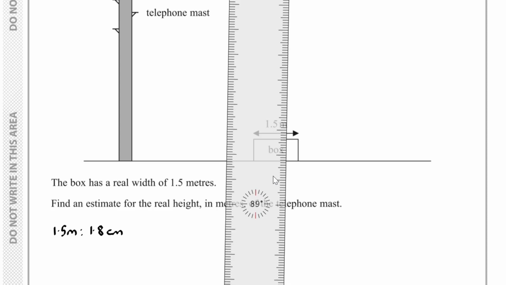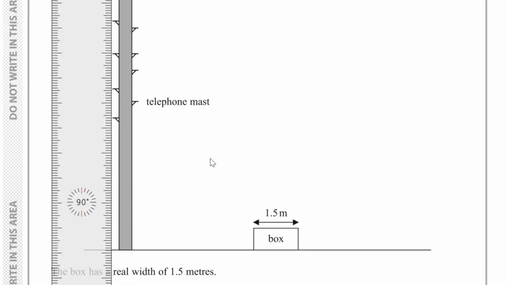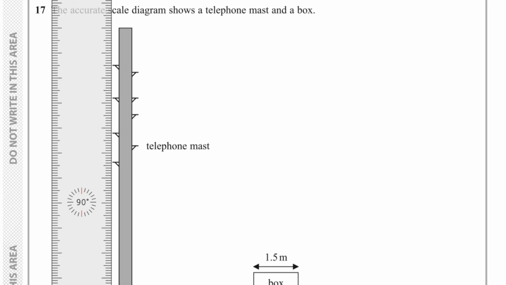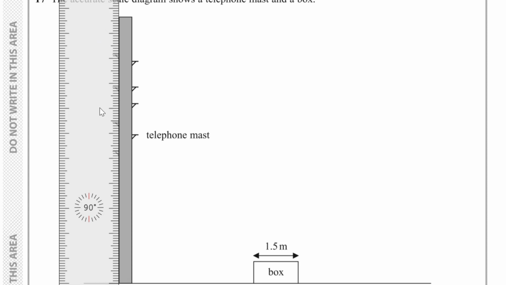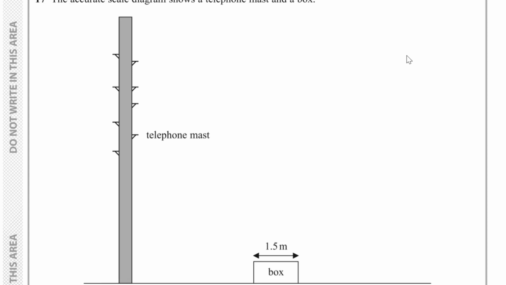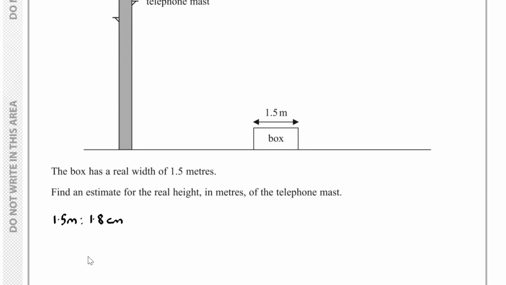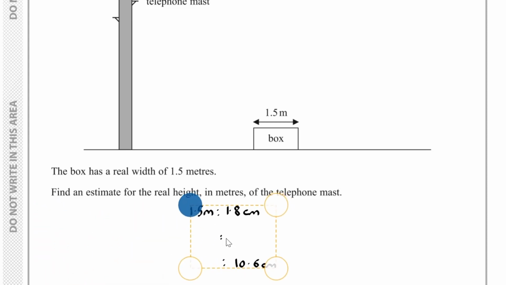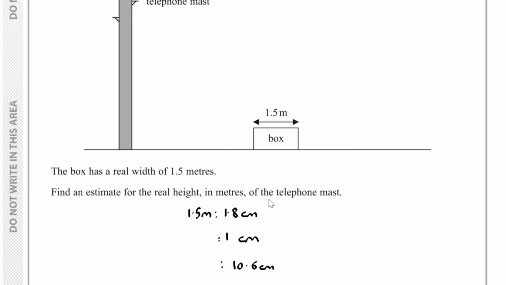so with our ruler, if we measure this over here, we see here we have 10.6 centimeters. So we wish to find out what 10.6 centimeters would represent, and the first thing we can do, if we move this to the center, we can find out what 1 centimeter is, and we can do that by dividing both sides by 1.8.